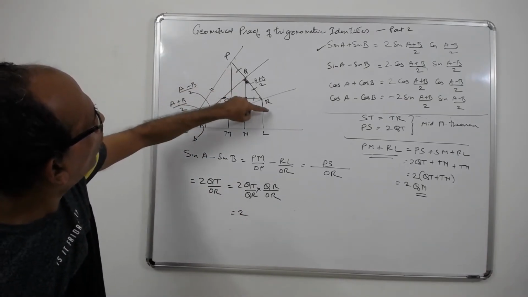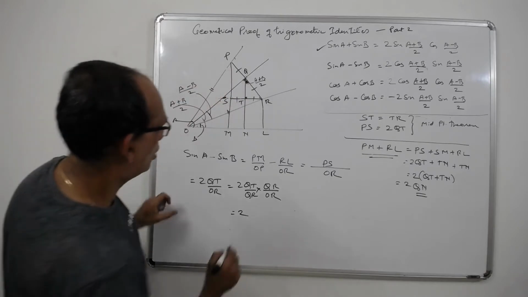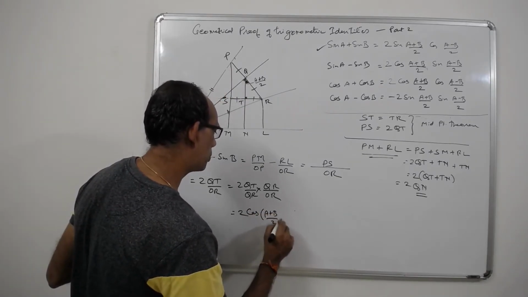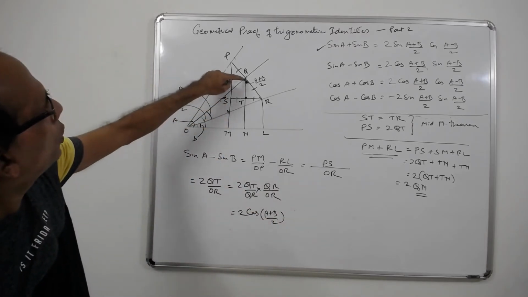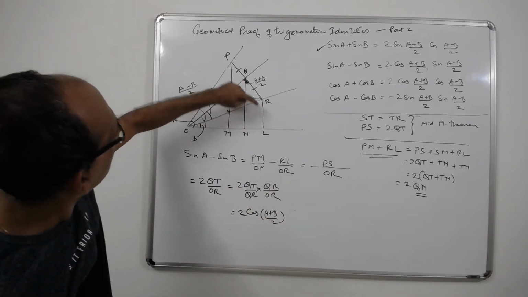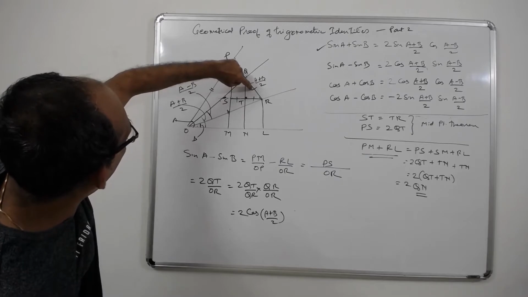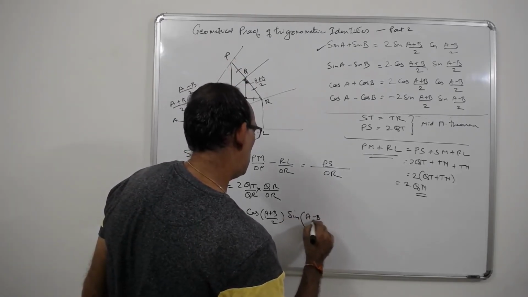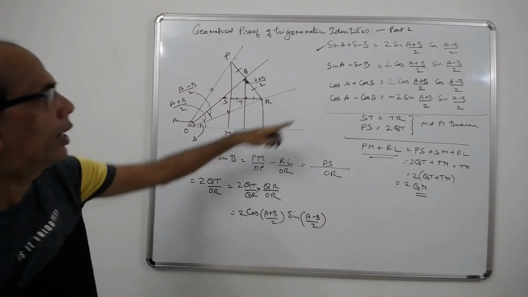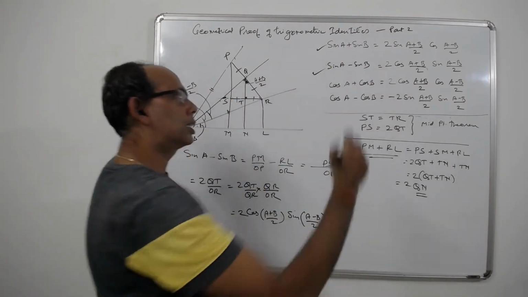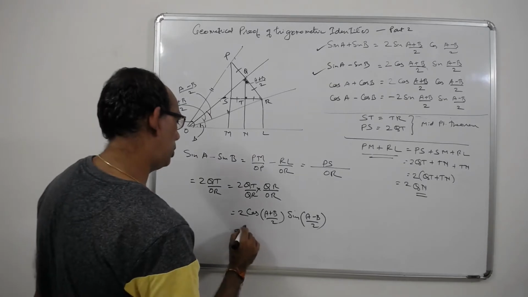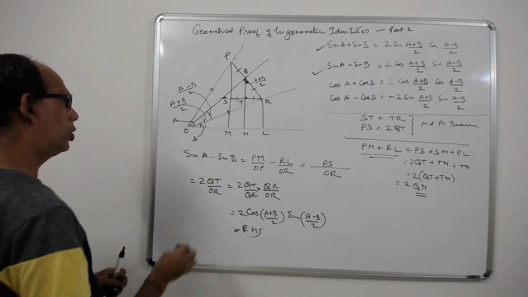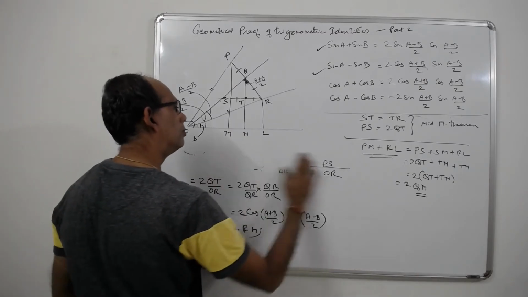QT upon QR is cos of (A+B)/2, right? QR upon OR is sin of (A-B)/2. So there we are, getting the next one. That is also equal to my RHS. Okay, let's move on. Let's go for the third one.